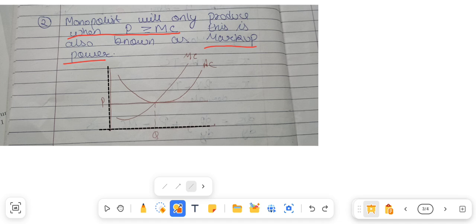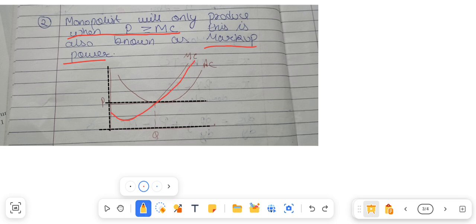Here we have a graph. On the y-axis it is price, and on the x-axis it is quantity. We have a price, and let us make a marginal cost curve.